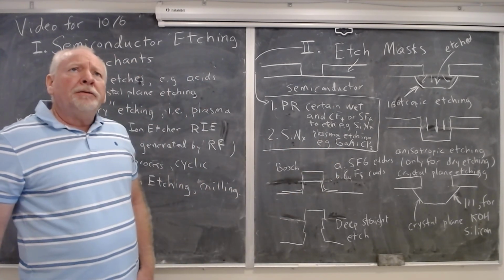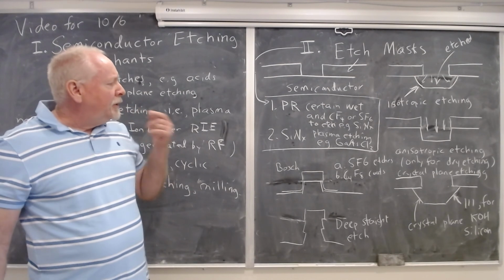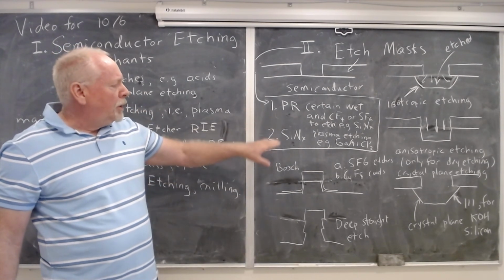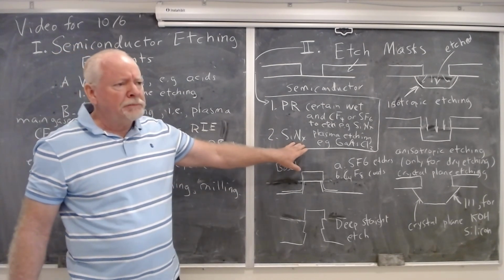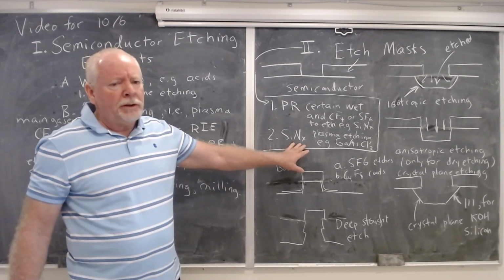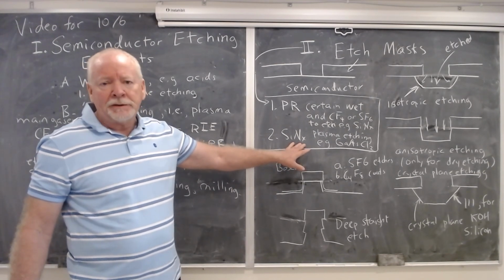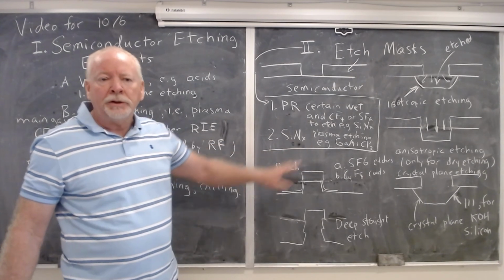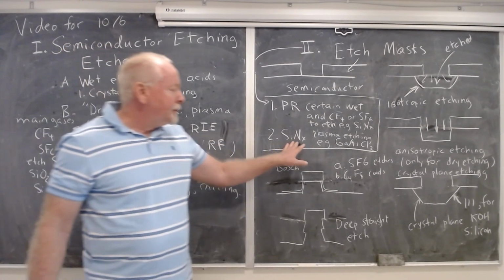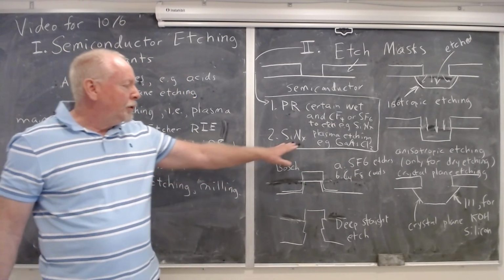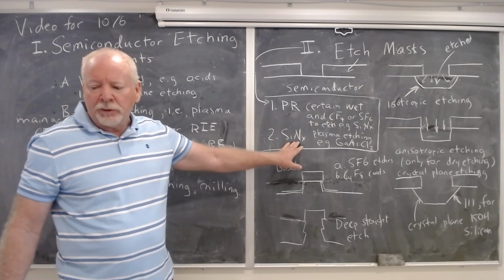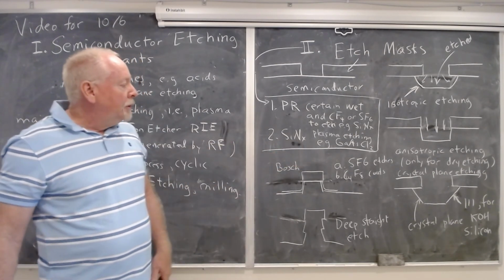And roughly it goes in that direction. Of course you can't use silicon nitride as an etch mask for things that etch silicon nitride. So you wouldn't use a silicon nitride etch mask for silicon dioxide, for example.